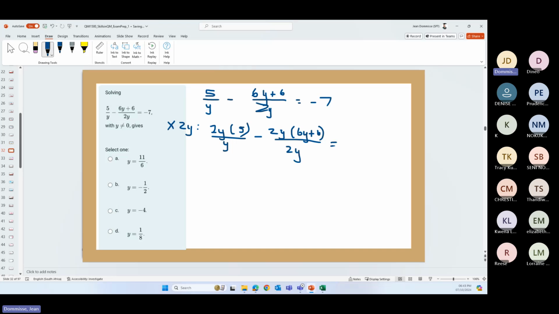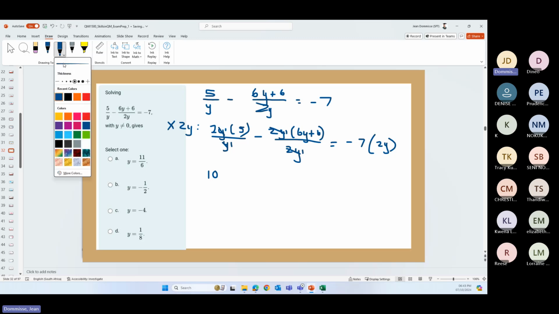That is equal to minus 7 times 2y. Okay, so what we are then allowed to do is to say y divided by y, so that goes into one another once. So we're left with 2 times 5, which is 10. Then on this side, we can say 2y goes into 2y, so it cancels out. But now, very important with what's left here, the 6y plus 6, is that you remember what the sign is.